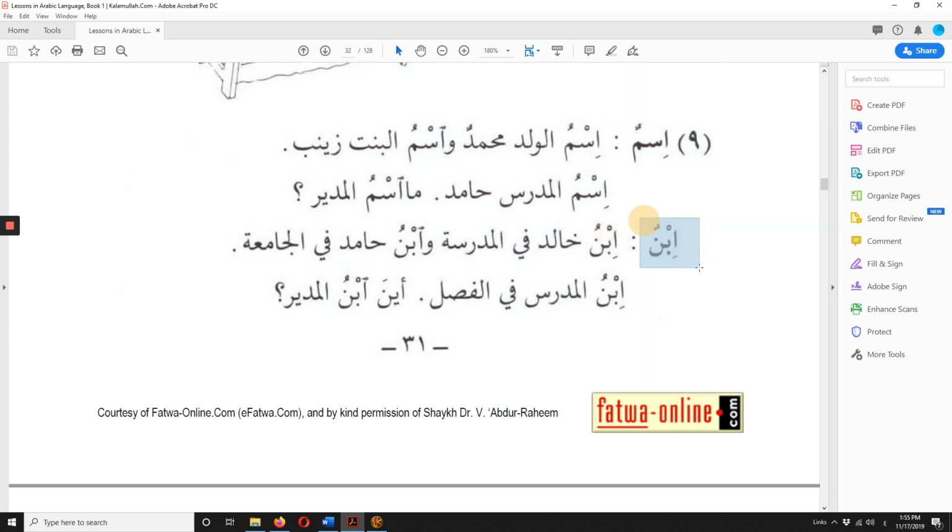And also ibn has the hamzatul wasl. So ibn Khalidin fi madrasati wabnu Hamadin fil jami'ati. Ibn al-mudarrisi fil fasl. Ayn ibnu al-mudiri. So ibn al-mudarrisi fil fasli. Ayn ibn al-mudiri.